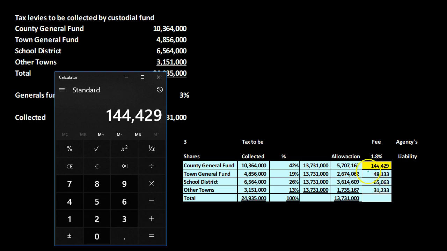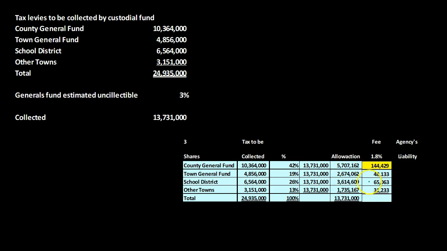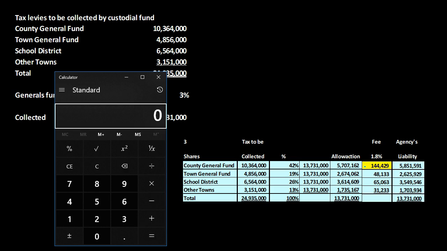So in other words, these three are going to be decreased, subtracting out of the allocation to the town, the school, and the other towns, while they're going to be added up and increased to the amount that's going to be allocated to the county general fund, because the fee is going to go to the county. So if we add these up, then bottom line, the county is going to have the 5,707,162 plus 144,429.